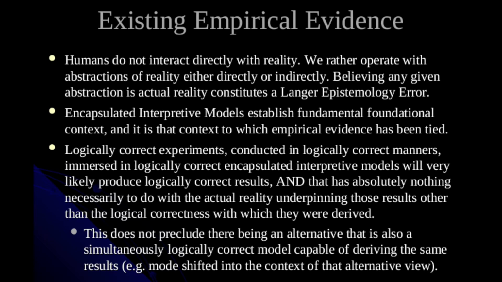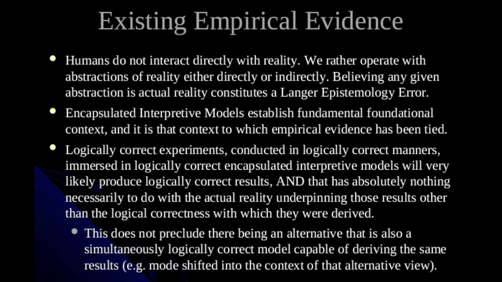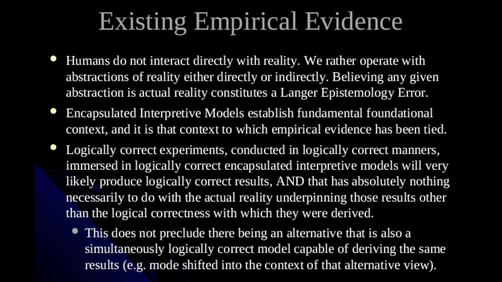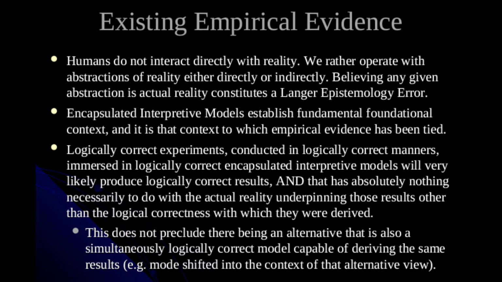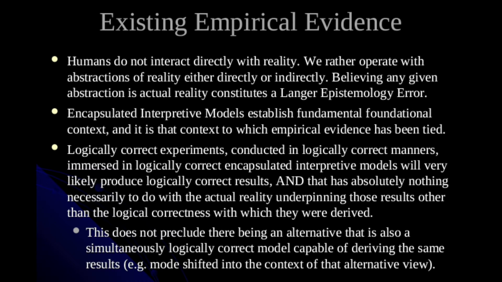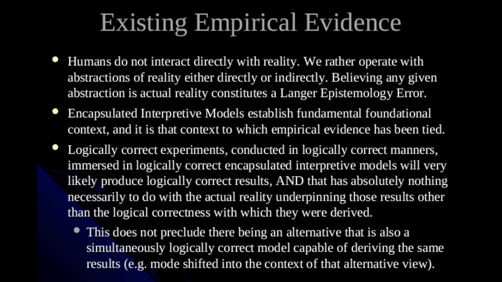And so that constitutes a logic artifact. So that's an example of where existing empirical evidence is not congruent with the current thinking. And it's a long story, and we'll get to it later, but how M5 reconciles that is actually quite fascinating.